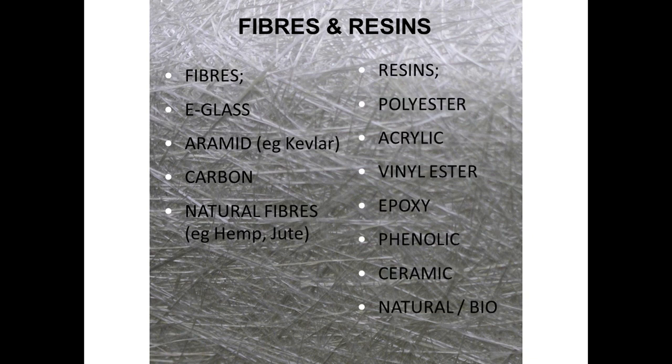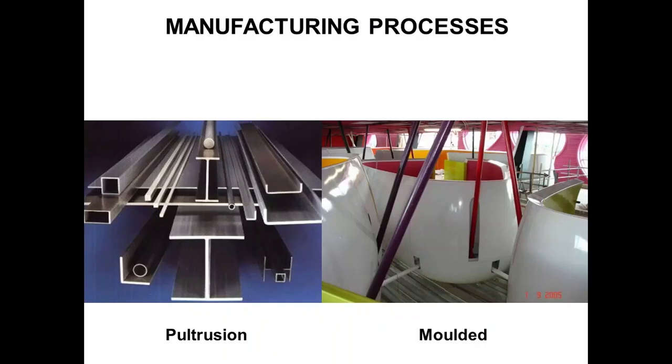And hence, of course, timber is inherently a composite material consisting of fiber and resin. So the resins, polyesters, acrylics, vinyl esters, epoxy resins, phenolic, ceramic, and again natural or bio resins are all the matrices within which the fibers are laid up, which is the expression used in the industry.